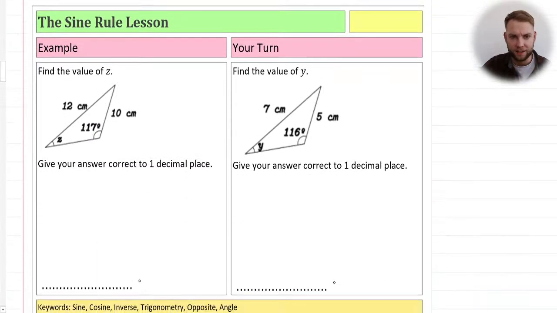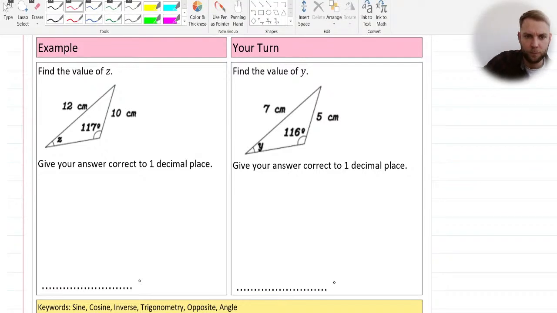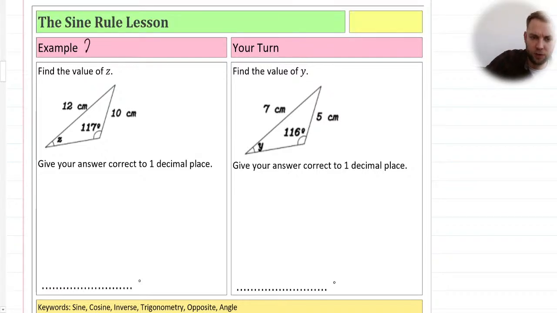Alright, let's have a look at this question then. So this one here is example 2. Get this one down as example 2.